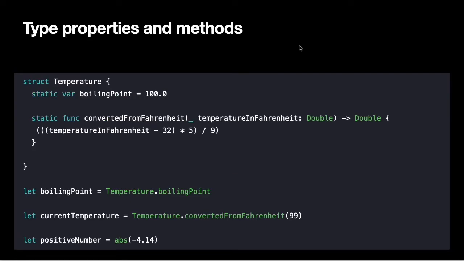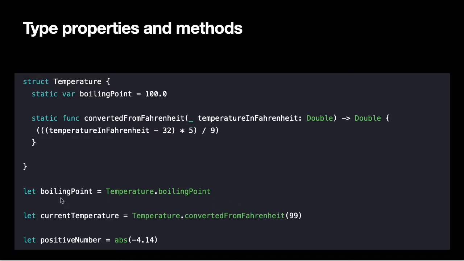Swift also supports type properties and methods, also known as static properties and methods. We use the static keyword. Here we have a Temperature struct, and we have boilingPoint, which is a variable. However, because it's a static variable, it belongs to the entire Temperature structure, as opposed to any specific instance of the struct. So we can access Temperature.boilingPoint without even instantiating any instance of our struct.